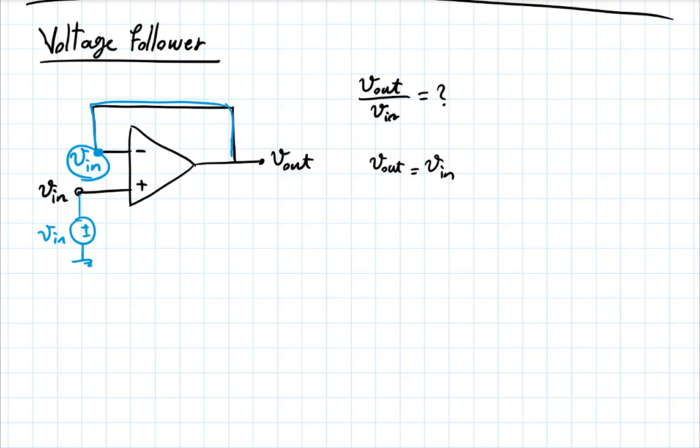On the other hand, you will now get an isolated version of this at the output. And whatever current is required for whatever else is going to be connected here will be provided by the op-amp, as long as it is within the capability of the op-amp to provide that. Of course, you can't expect a tiny chip to give you maybe 100 amps, right? So it will, of course, have to be within the specifications of the op-amp, which you obtain from the manufacturer. But this is a voltage follower, or a unity gain amplifier, you might say. It's an amplifier with the gain of 1, or a buffer.